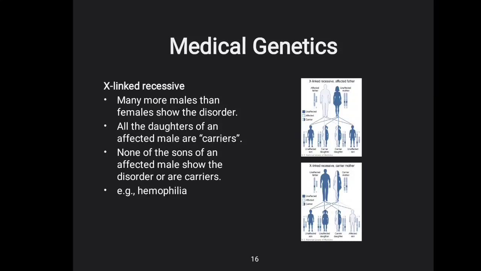So the daughter must be a carrier, but unfortunately if the mother is also a carrier and shares her X chromosome with the daughter, now the daughter is not a carrier, she has the disease. None of the sons of an affected male show the disorder or are carriers. Example, hemophilia.